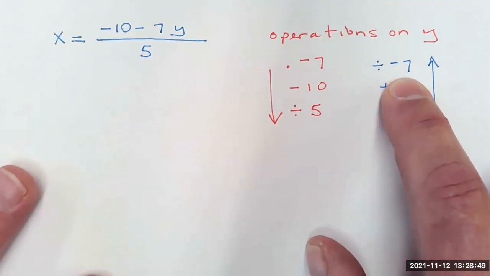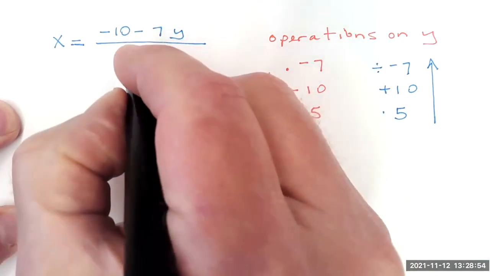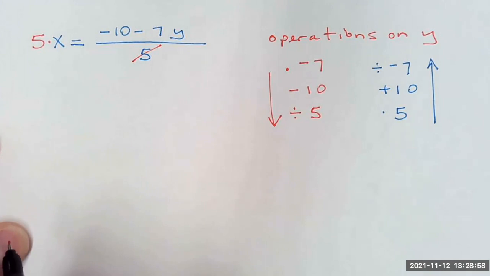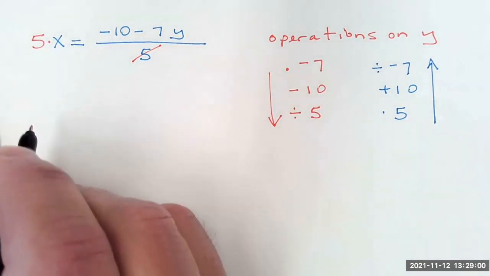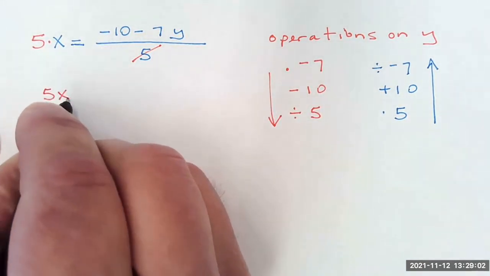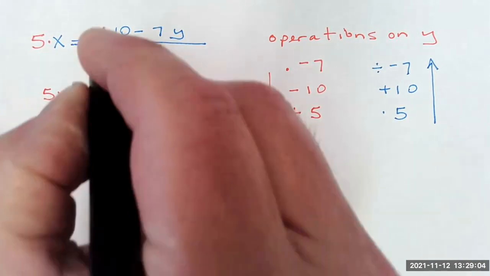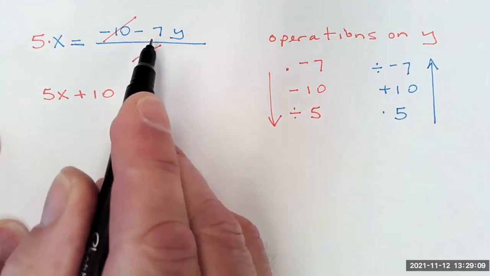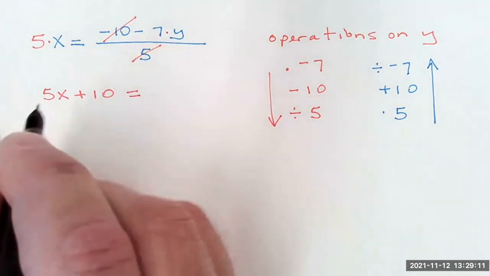So let's do that. We'll multiply both sides by 5. And then we'll add 10 to both sides. And then we'll divide both sides by a -7.